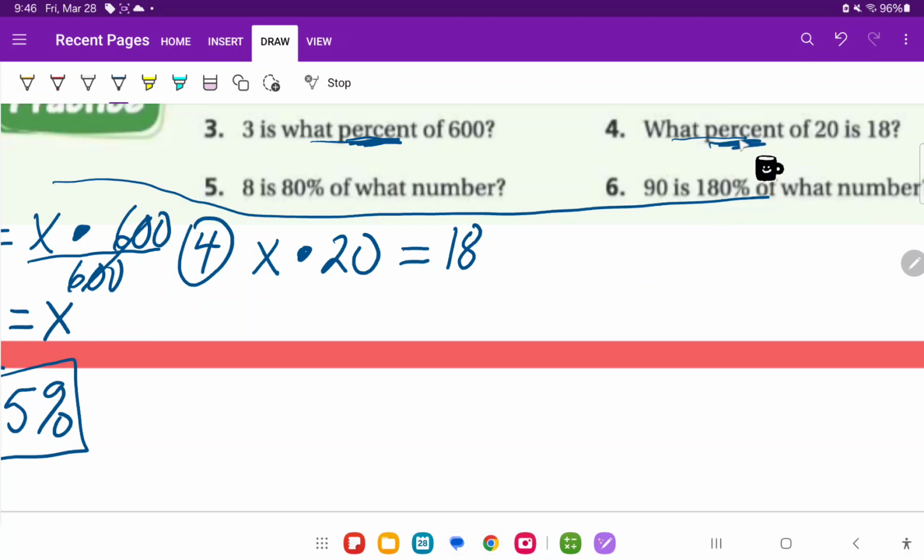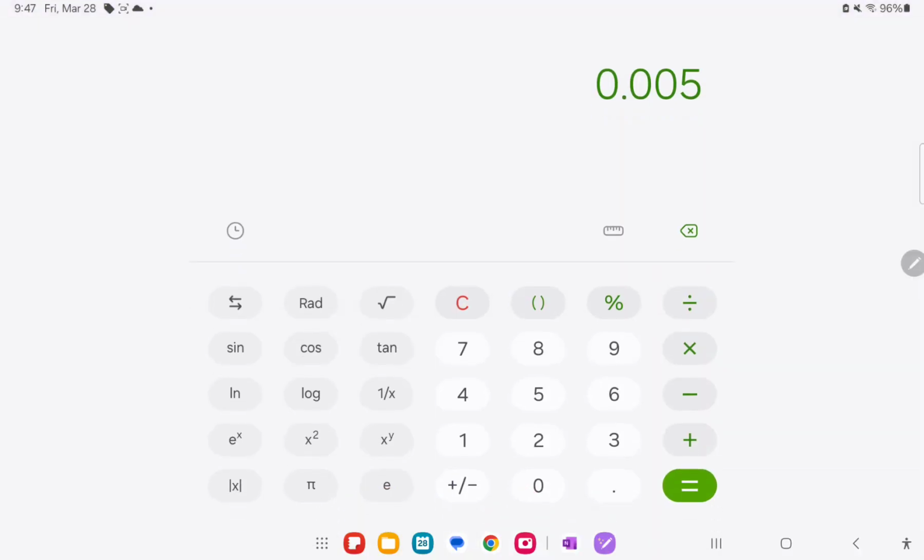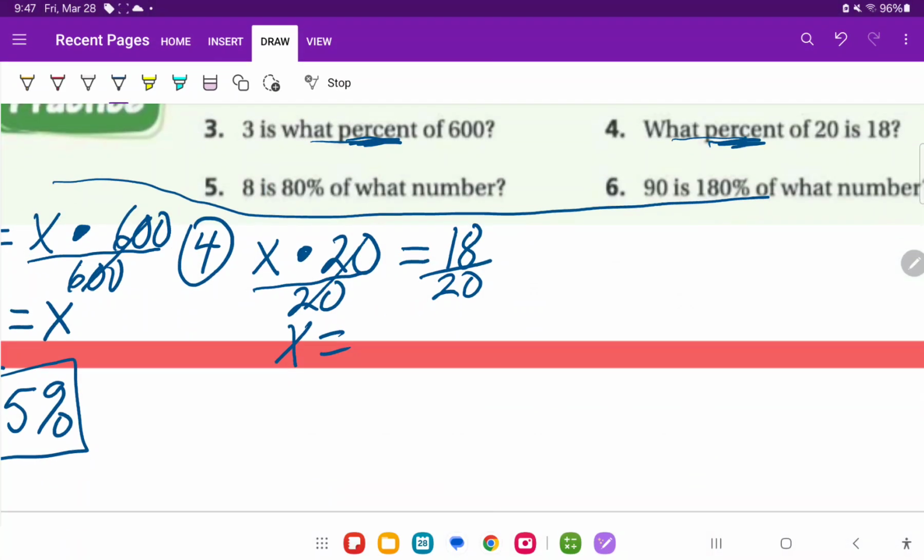So again, we're looking for a percent on this. So we're going to divide by 20. So x will equal 18 divided by 20. So we'll go over here, 18 divided by 20. That is 0.9.